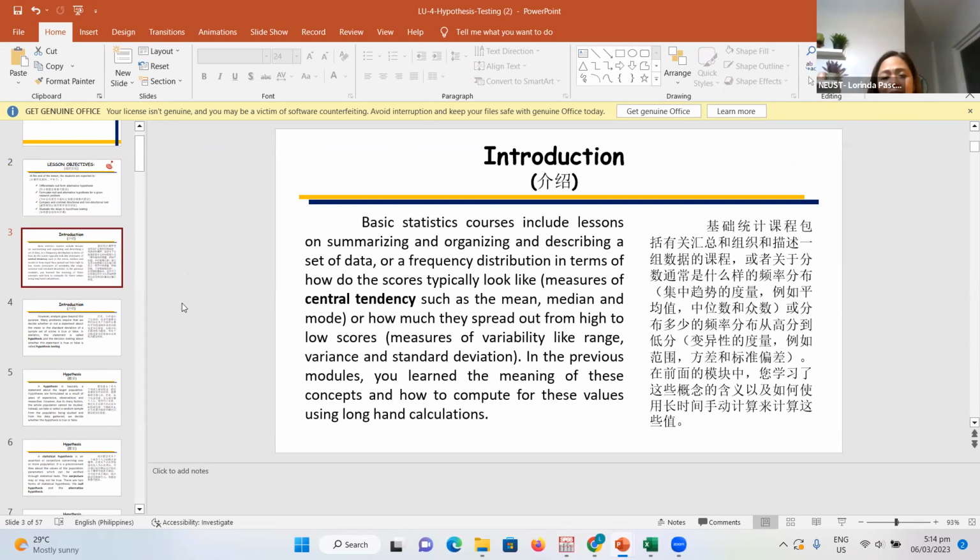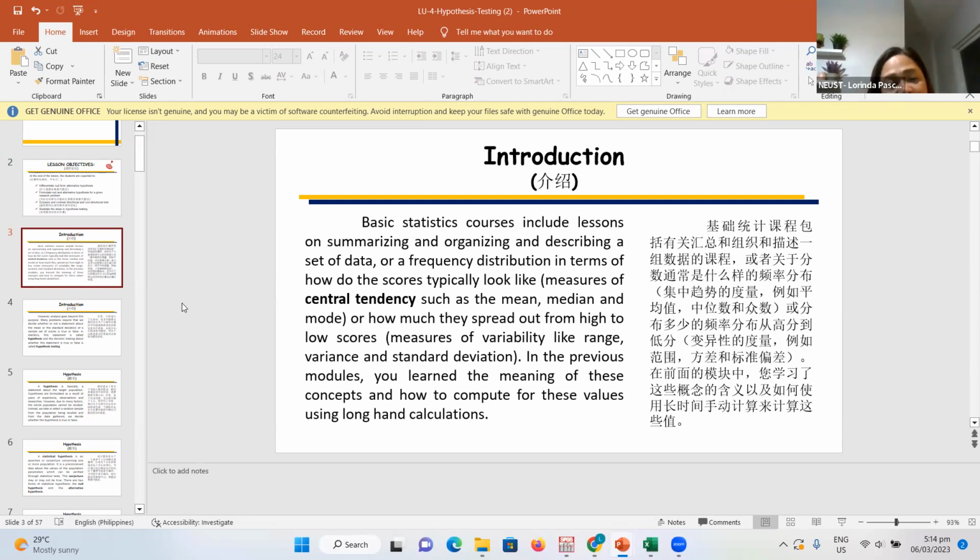So basic statistics courses include lessons on summarizing, organizing, and describing a set of data or a frequency distribution in terms of how the scores typically look. To describe this, we use measures of central tendency, like the mean, the median, and the mode.